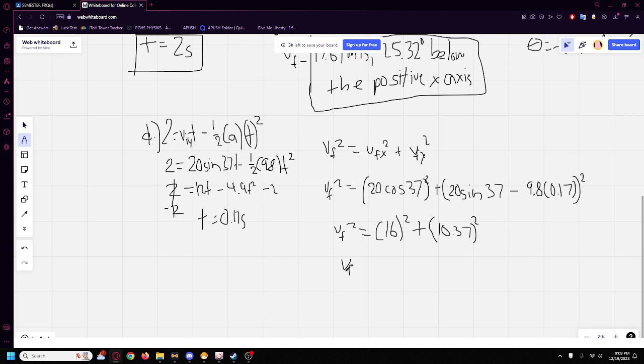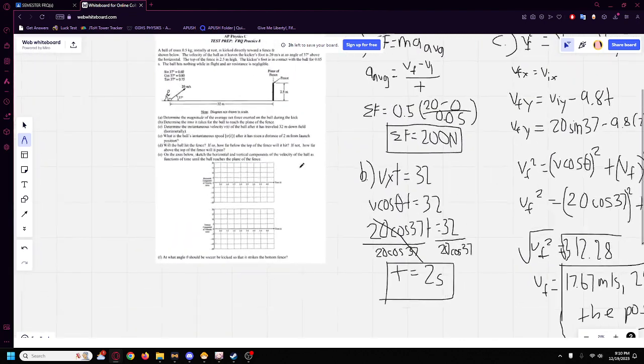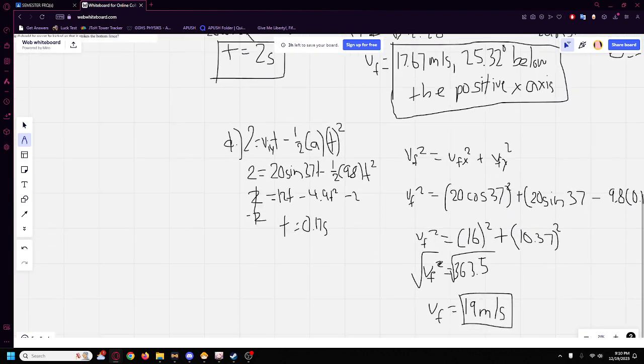So VF squared is equal to 363.5, and you take the square root, and VF is equal to about 19 m/s. It's asking for speed, so I don't need a direction, and I just had to write this.